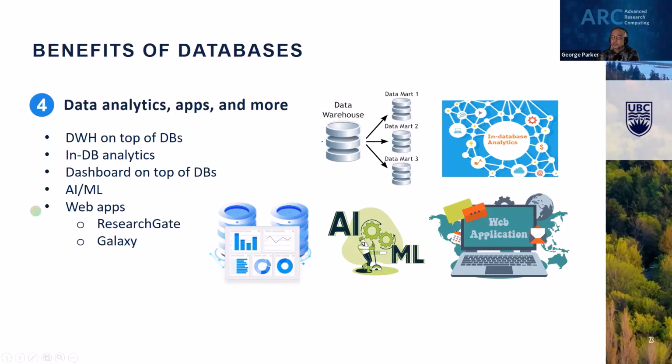You can build a wide range of web applications using databases, and the databases will be used to store the data that is used for your application. They will also be used to store the data that is generated by your application. We all know ResearchGate is a web application that allows researchers to share their publications and connect to each other.